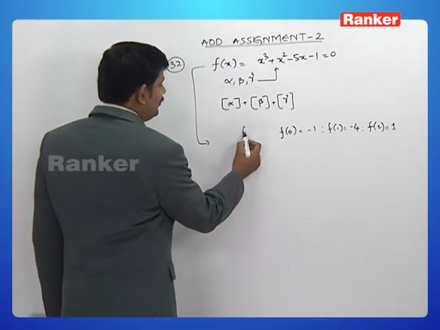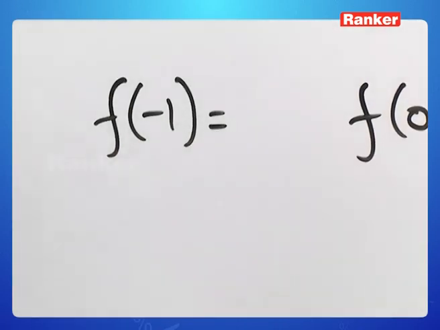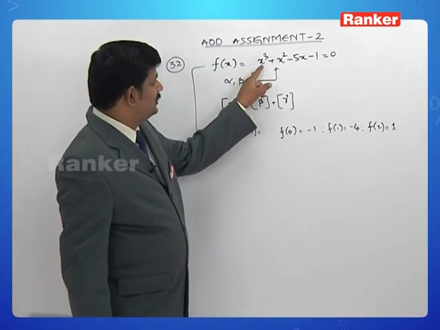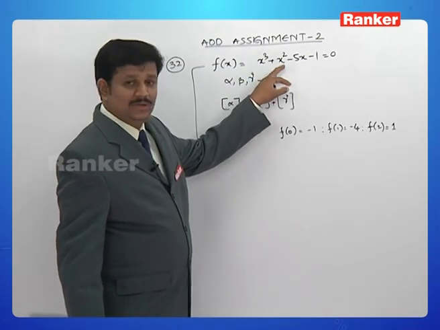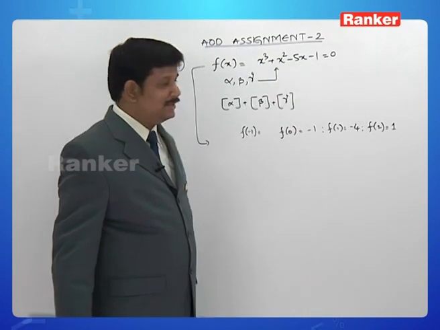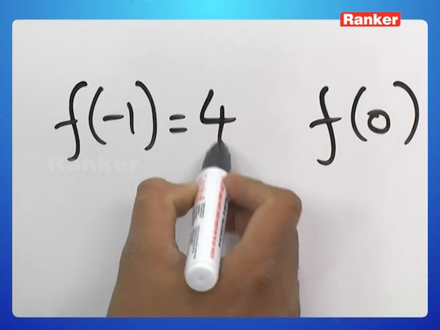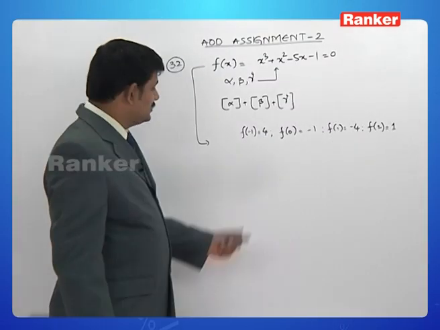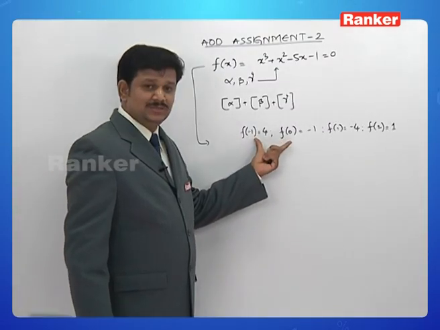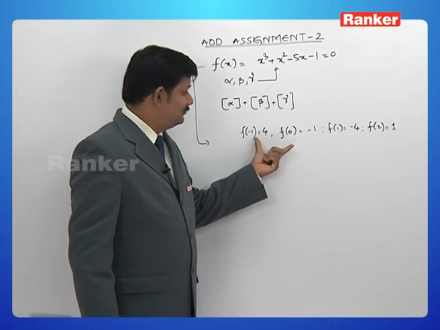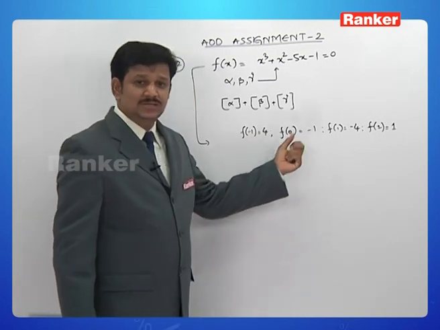Let us move towards f of minus 1. f of minus 1 is minus 1 plus 5 minus 1, which is 4. We can see f of minus 1 is positive and f of 0 is negative.